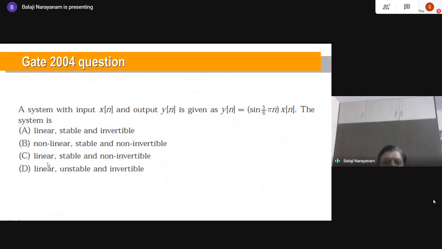If a x1 of t plus b x2 of t is applied as an input, then our output should satisfy the superposition theorem. Then we may say that it is linear. Then for stability, if a bounded input is applied and we get a bounded output, we may say it is stable. Then invertible and non-invertible.